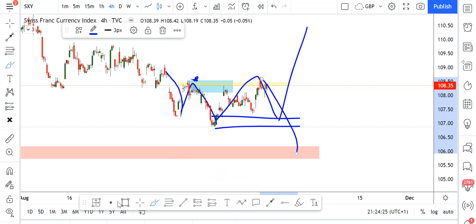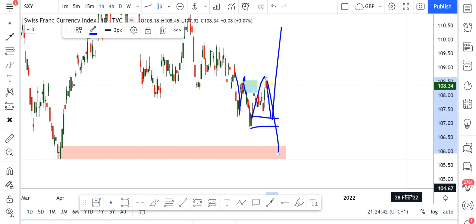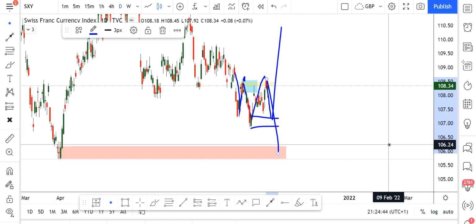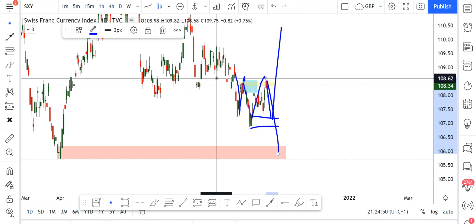Now, any of these two is possible in the market, but I think it's better for price to move to the downside to tap into this daily demand zone, as we can see from the higher time frame perspective.